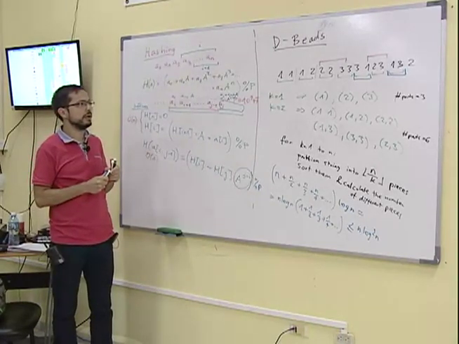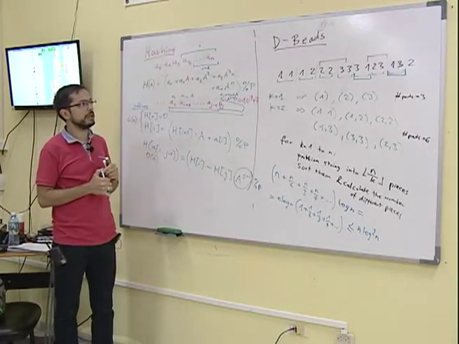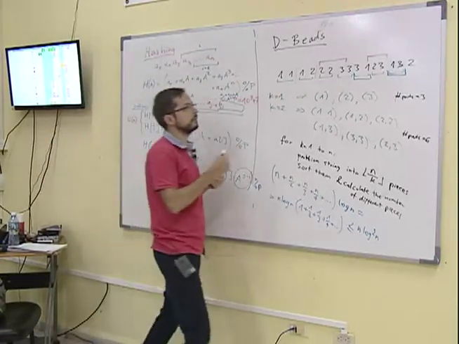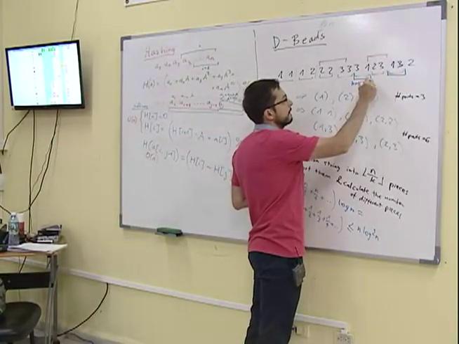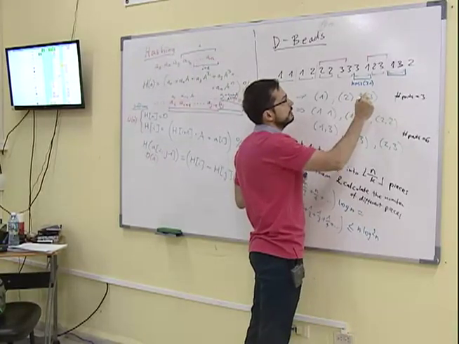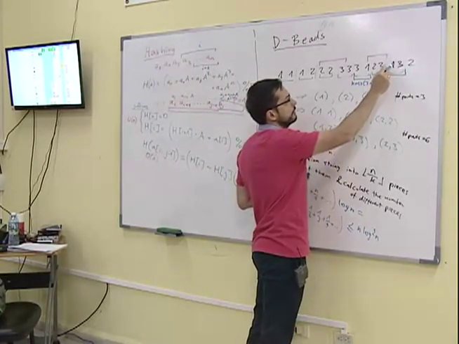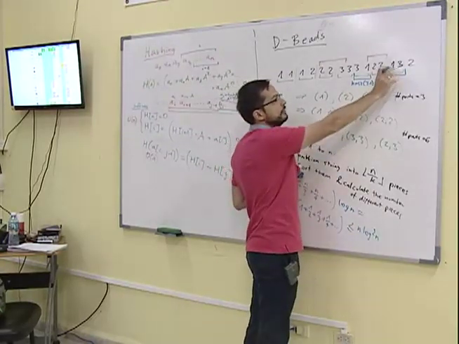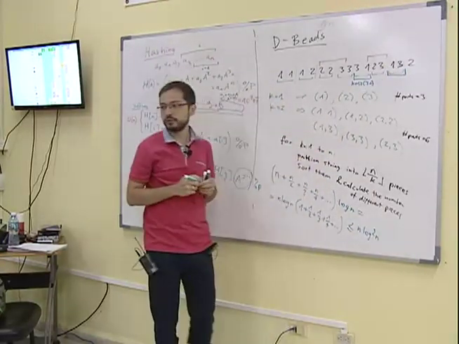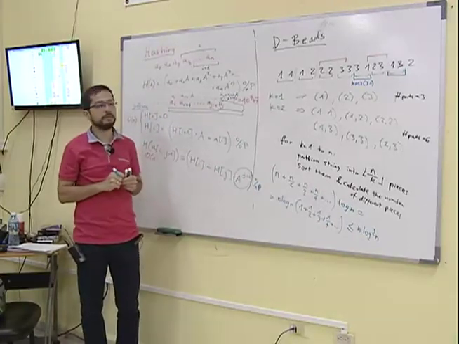So actually, what we would like to do is, if we have the hash for 3,1, we would like to have also the hash of 1,3. So we can reverse this substring and compare the hash of this reverse.